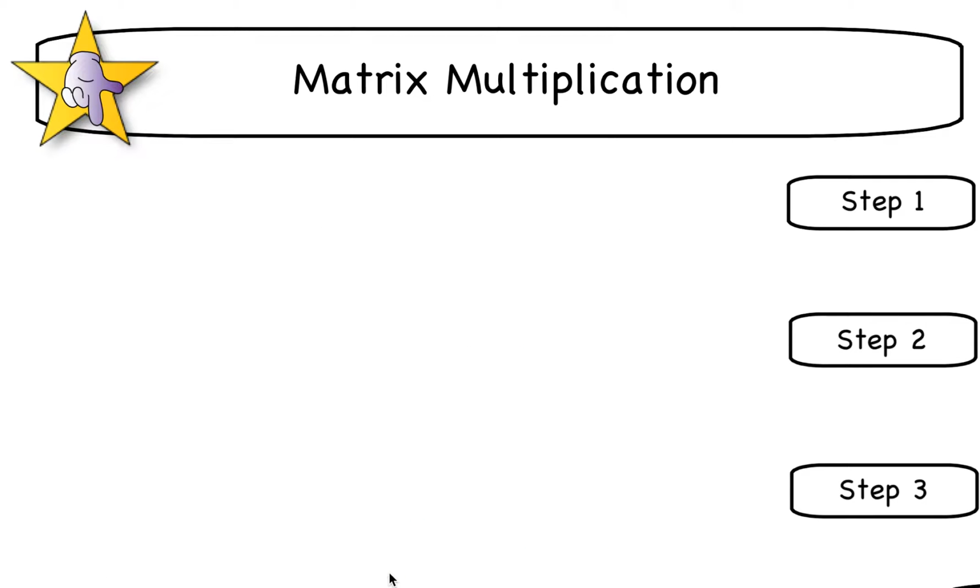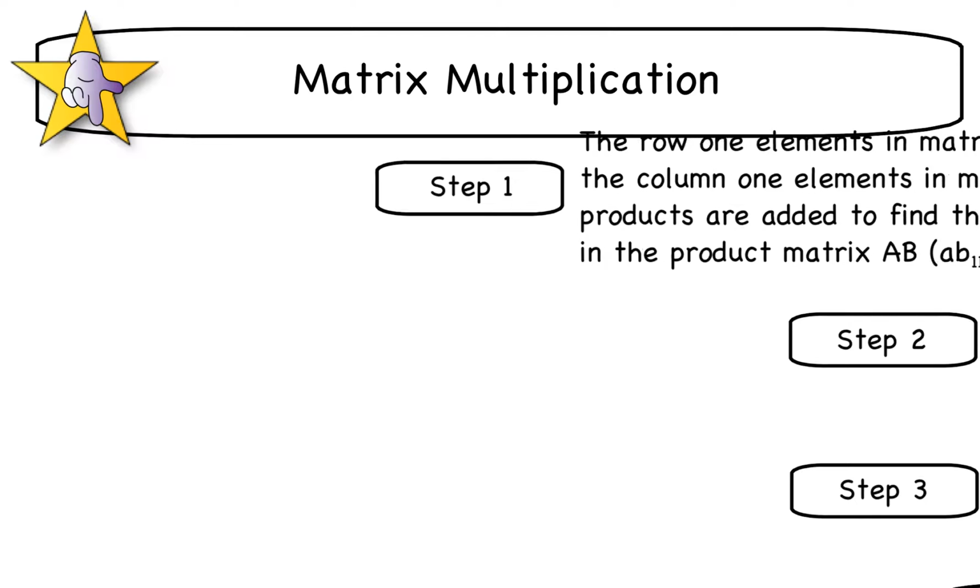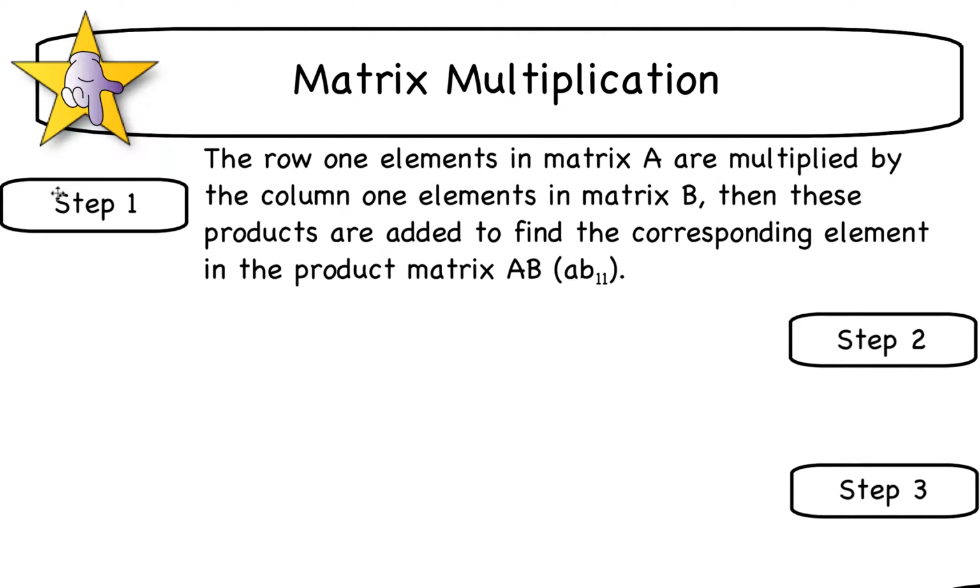So how do we actually multiply matrices? We know now whether or not we can multiply them, but how do we actually do it? Here's the process. You are always going to use the rows from the first matrix, the matrix on the left, and you will only use columns from the matrix on the right.